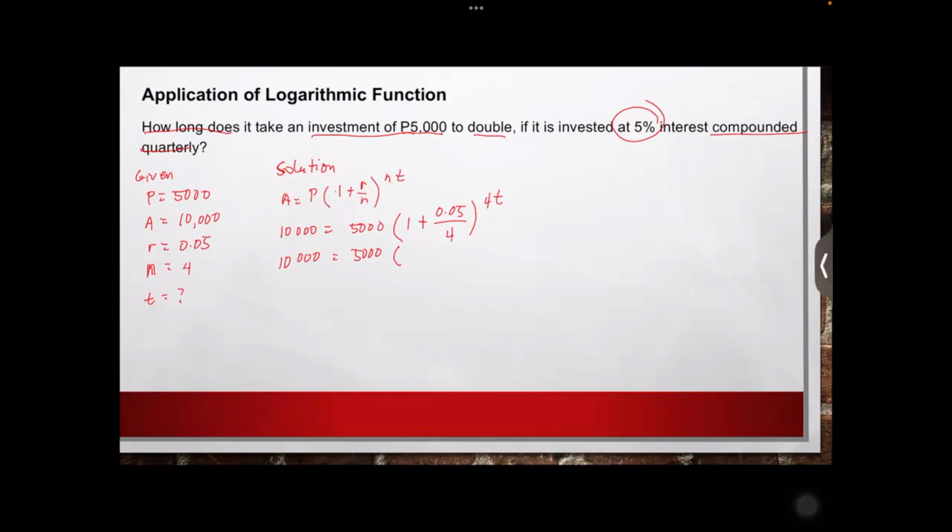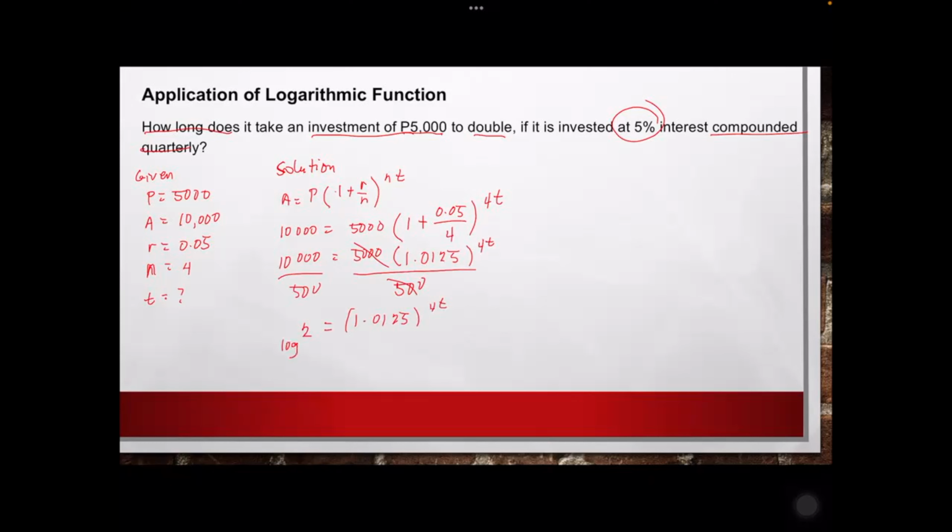So, it will be 1.0125 raised to 4t. Then, i-divide natin ang ating given by 5,000. So, cancel to. So, 10,000 divided by 5,000, this will be 2. Is equal to, yung natira is 1.0125 raised to 4t. So, in this case, applyan natin siya ng logarithm.